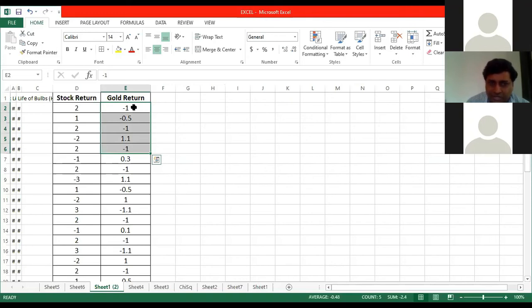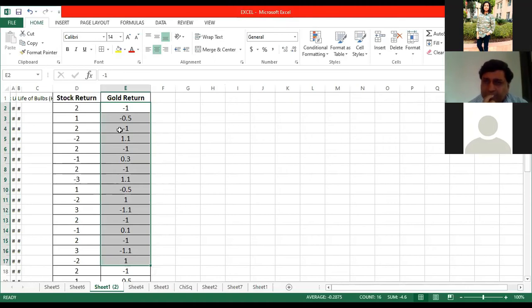If I change the gold return and put it in place of stock returns and replace the stock return with the gold return, what would the correlation coefficient be? Will it be the same? It will remain the same. And this is not easy, we will not be able to judge on the basis of correlation analysis which stock is giving more return.